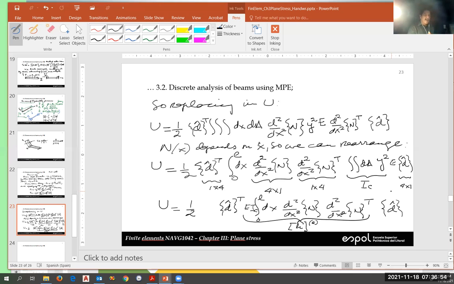Well, we still don't have the final expression, but we're going to have it in a minute. It's going to be the same, but in this case, the approach was totally different. We said we're going to have a potential energy, and that's going to be the minimum. So let's complete it.